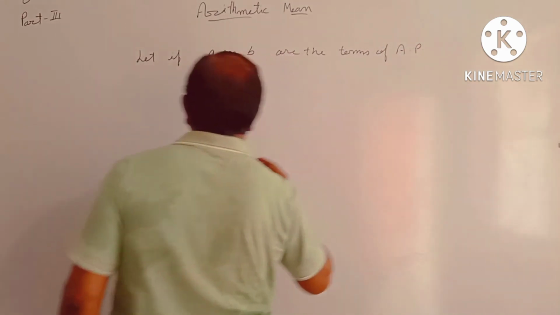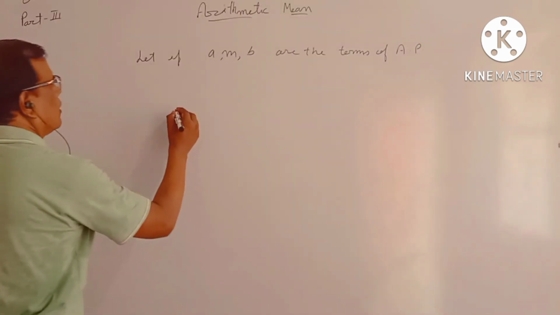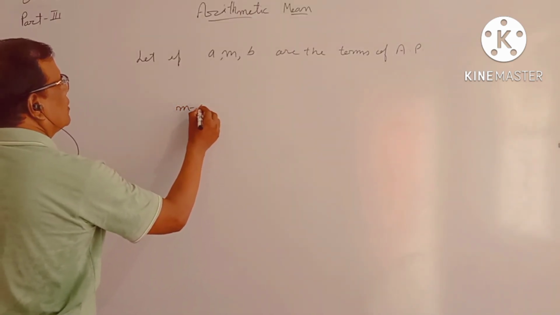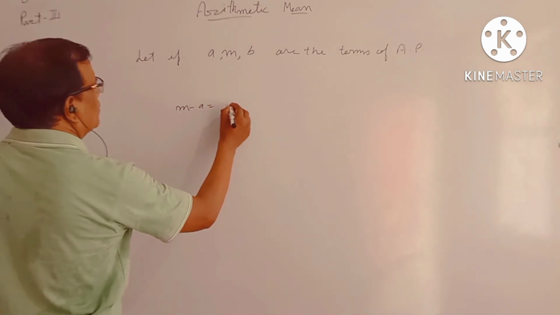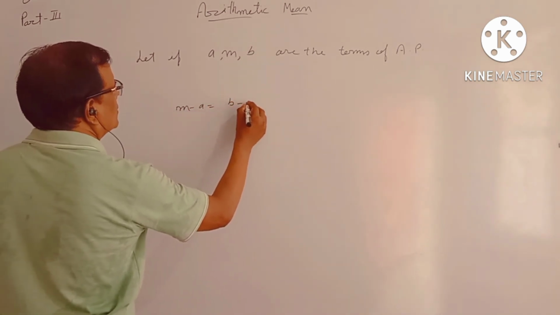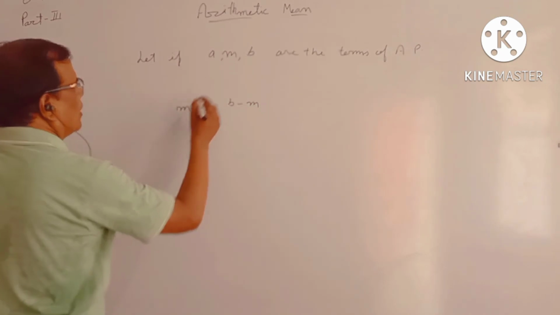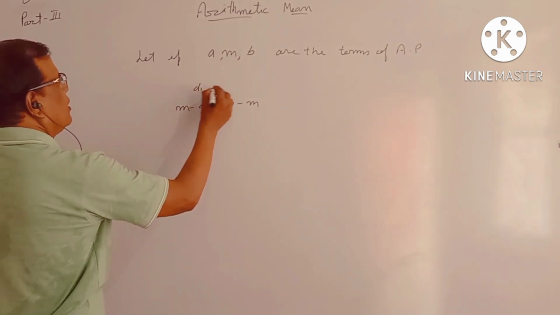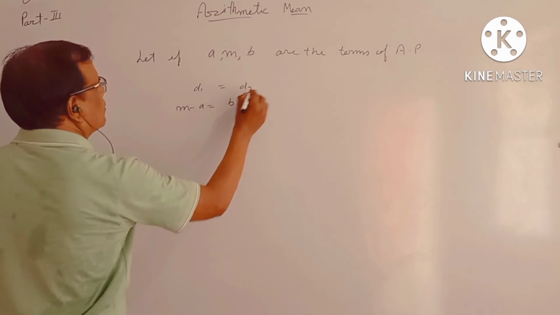It means M minus A equals B minus M. It is the middle term, or we can say D1 equals D2.